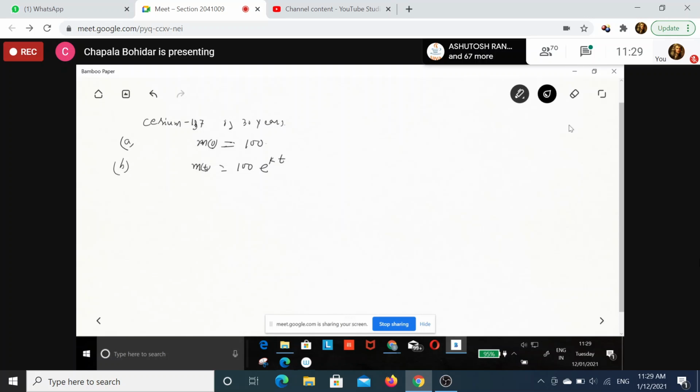Half-life means that it is 100 by 2 in 30 years. That is equal to t.